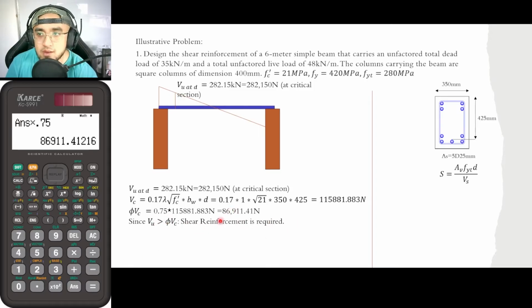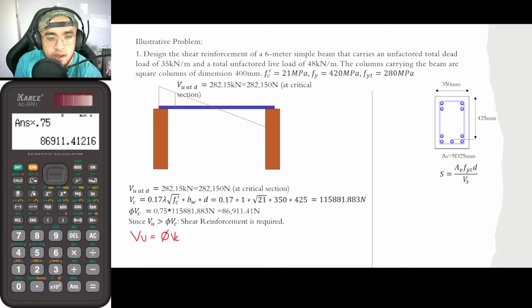In order for us to solve for VS, as you know a while ago, VU is equal to phi VC plus VS. Making use of this equation, substituting all known values: 282,150 newtons is equal to, what is the value of phi? That is 0.75. What is the value of VC?